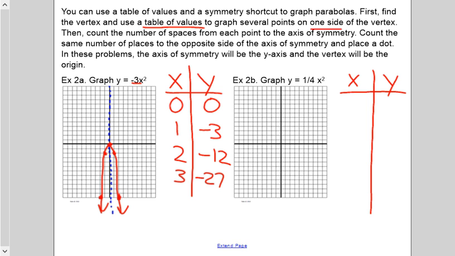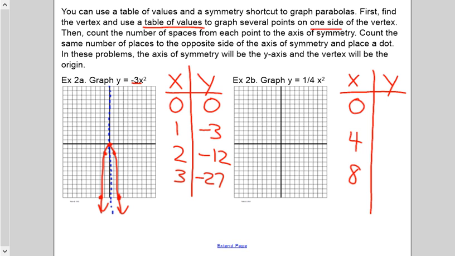Denominator is 4, so I would normally use 0 and then multiples of 4, which are 4 and 8. There's a problem with this, though. Remember, when you plug in bigger numbers, you get much bigger answers. We'll see what happens there.